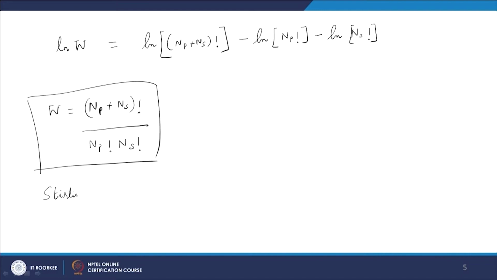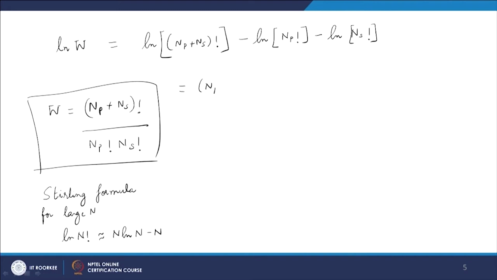We had already used it in the context of random walk. So for large n, the ln of the factorial can be approximated as n ln n minus n. There was one more term there that we are also ignoring, that is anyway a smaller term compared to this. Okay.